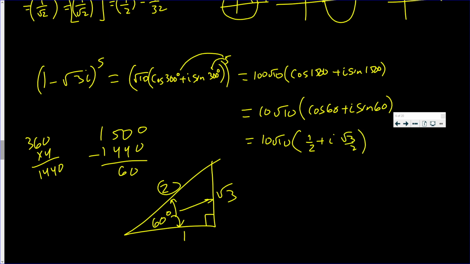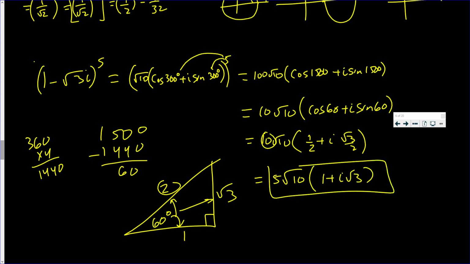I'll bring the 2 out. It'll go into the 10 5 times. So I get 5 radical 10 times 1 plus I square root of 3. That is what I get if I actually bothered to multiply that by itself 5 times.